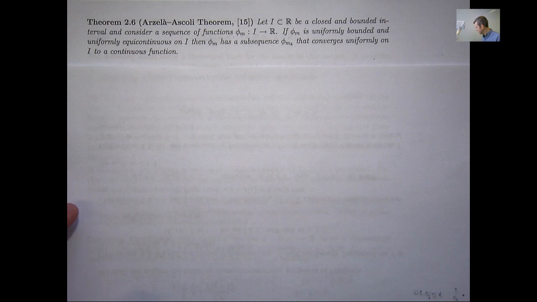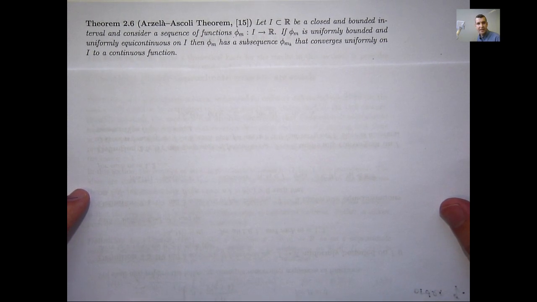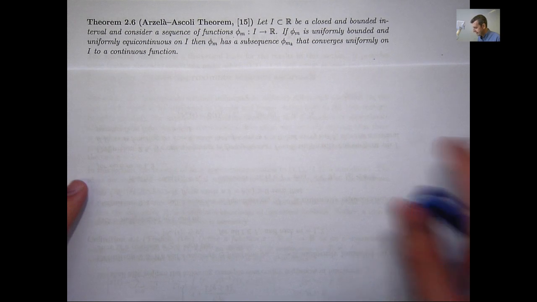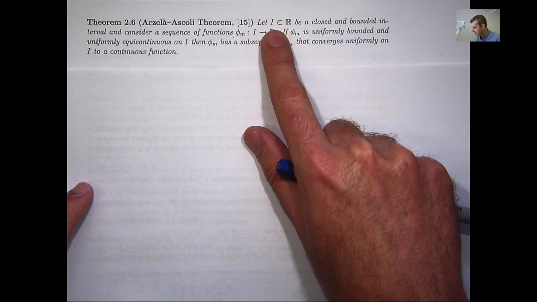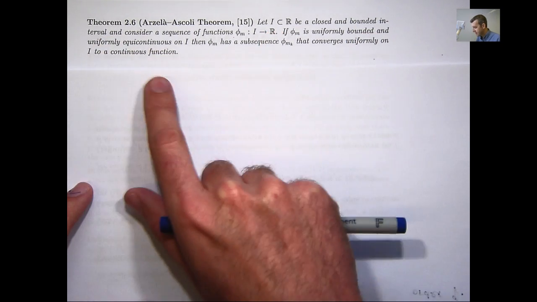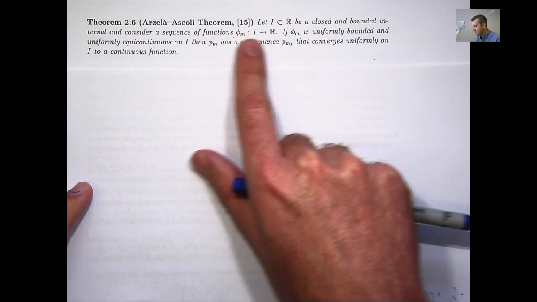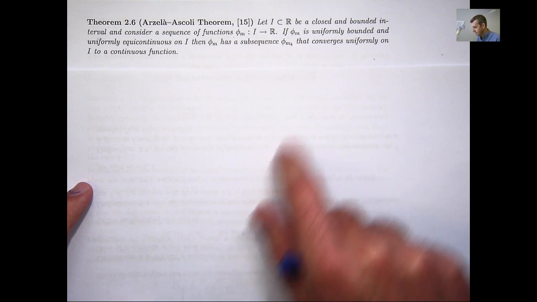Okay, and finally, the Ascoli Theorem. We're going to use this in the proof of our main result. So let I be a closed and bounded interval and consider a sequence of functions defined on that interval.